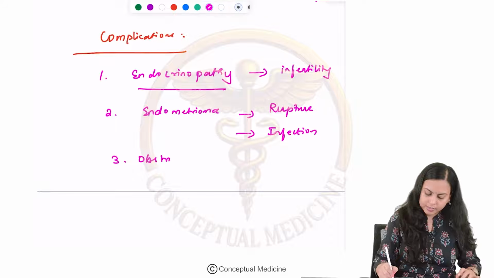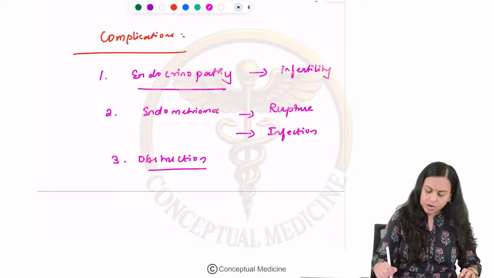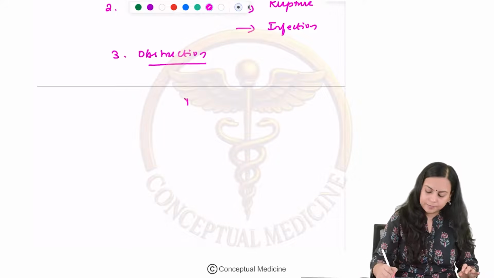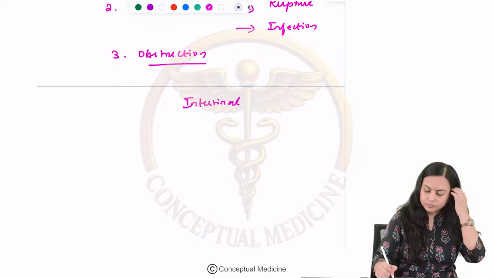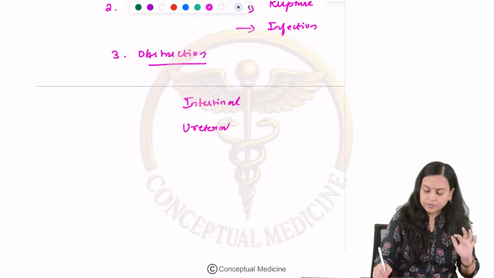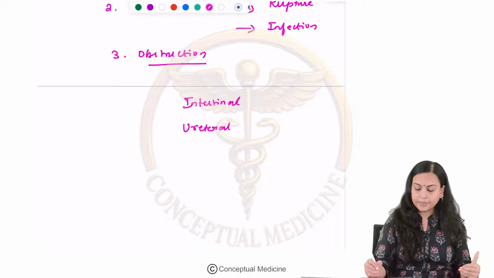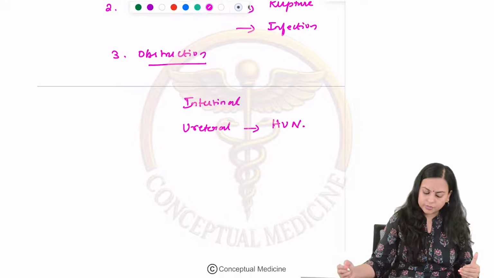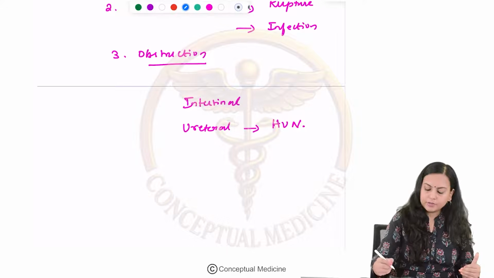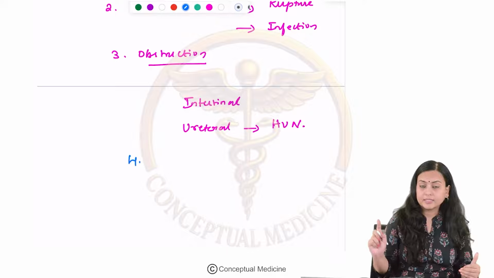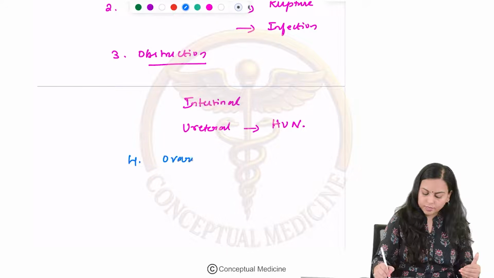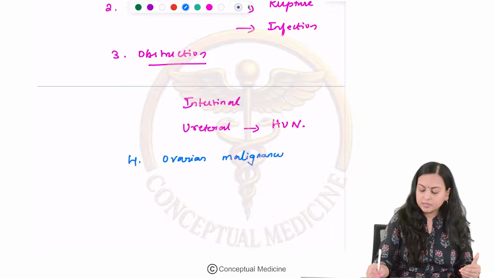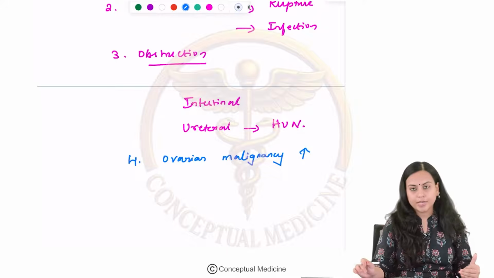And finally, there can be obstruction. Obstruction can be intestinal and even ureteral obstruction can also happen, that will result in hydroureteronephrosis. Okay. However, you have to remember one more fact, that the risk of ovarian malignancy is increased in a case of endometrioma as well.